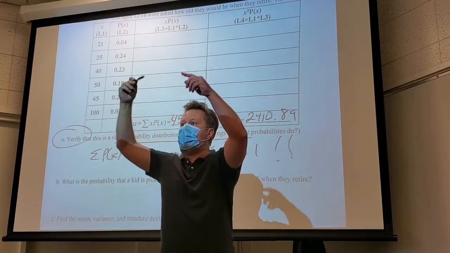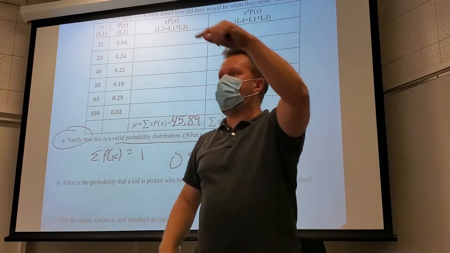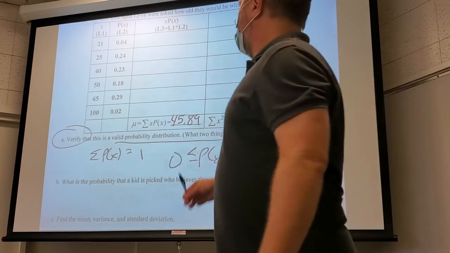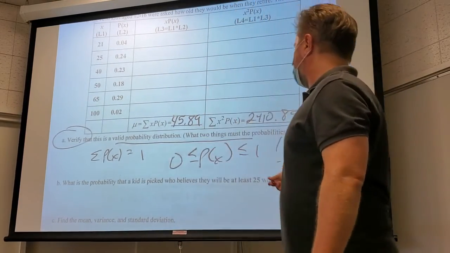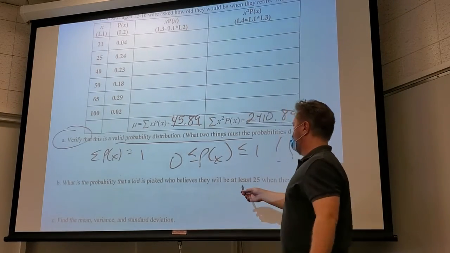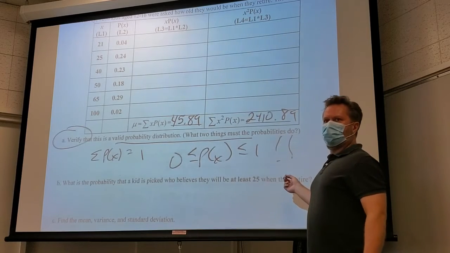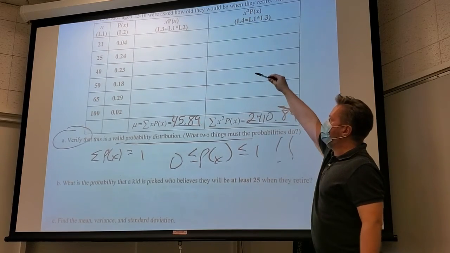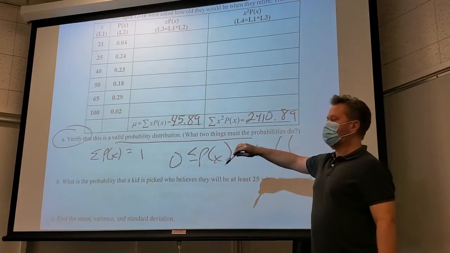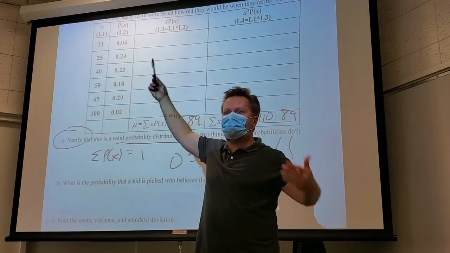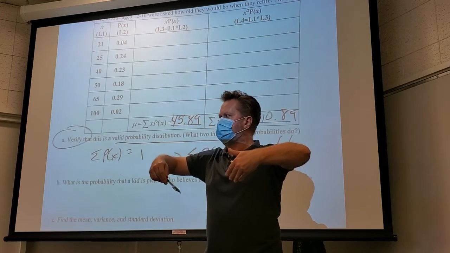If they all add up to 1, isn't 1 minus a piece equal to the rest of them, right? Yeah. Now look at part B, what is it asking? What's the probability that a kid is picked who believes they'll be at least 25 when they retire? So that's 25 or more, yes? So you could add up the probabilities 0.24, or you could just do 1 minus 0.04. Of course the rest of them has to be 0.96.